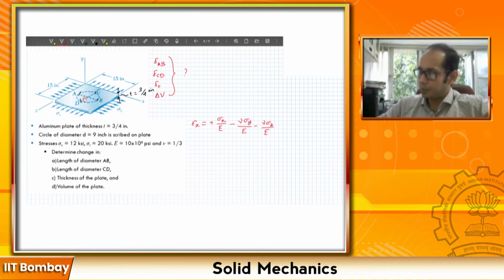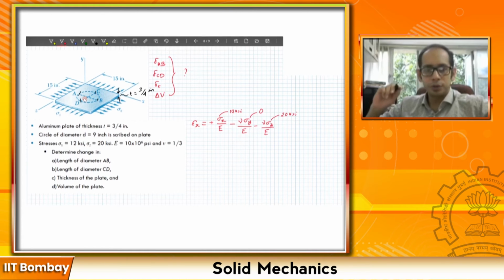Here remember, my sigma x is already given as 12 ksi. Sigma y is 0, there is no force along the vertical y direction, and sigma z is already given as 20 ksi.